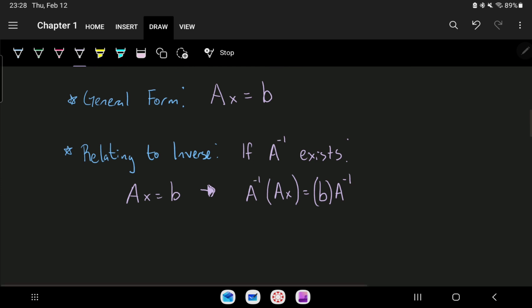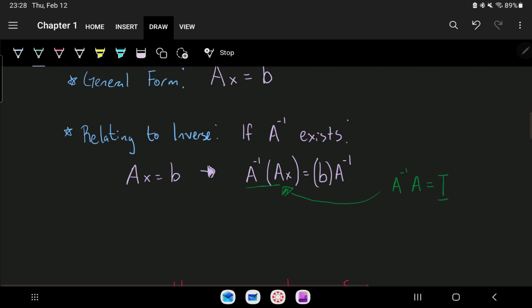Now, we remember from last time that A inverse times A just equals the identity, which is just equal to 1. It's practically trivial.